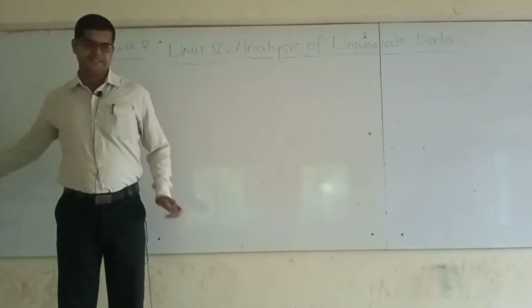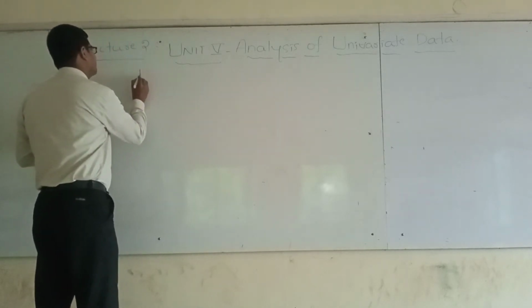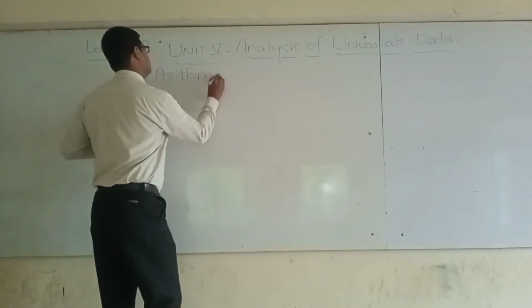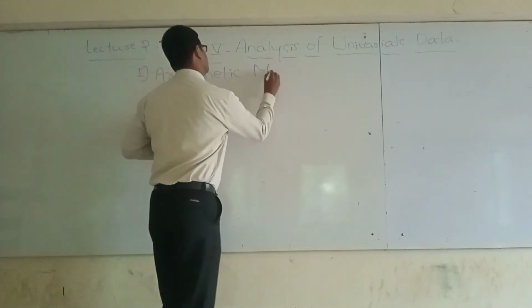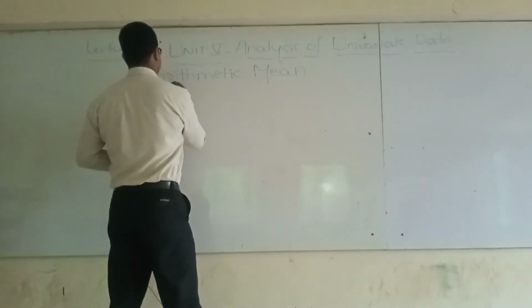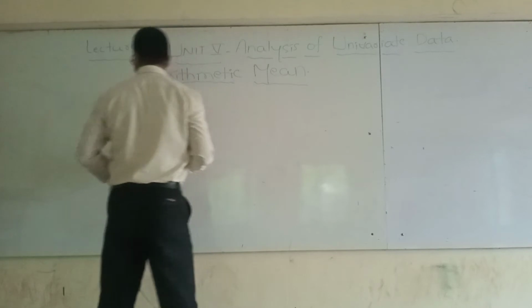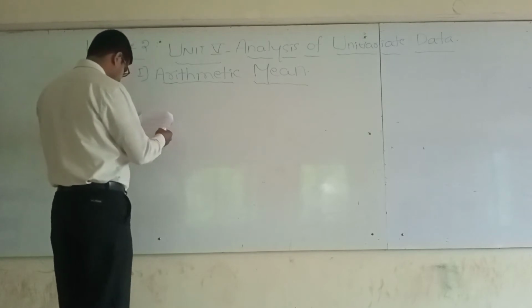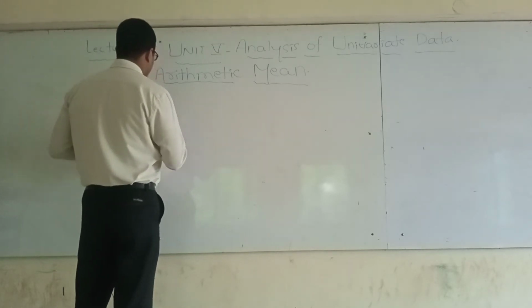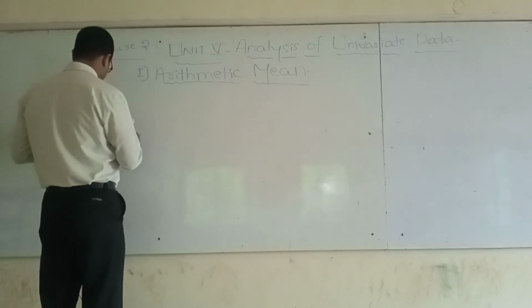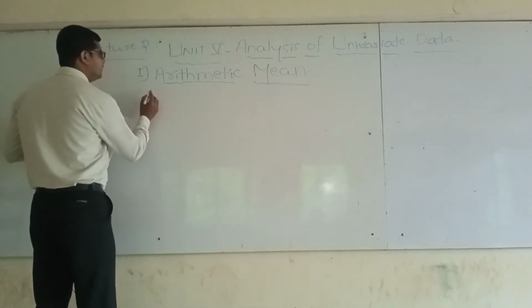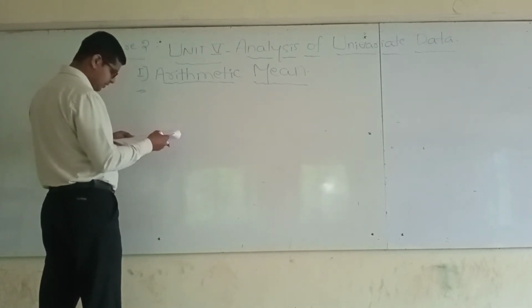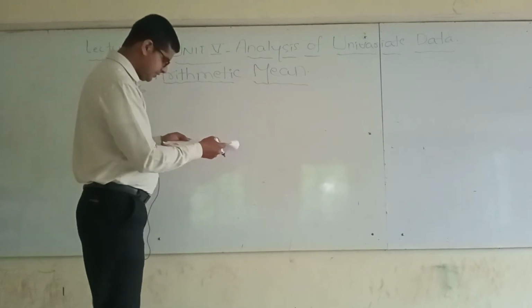Okay, so I write here number 1, first type of average, that is arithmetic mean. So what is this arithmetic mean? It is the most popular and widely used measure representing data.